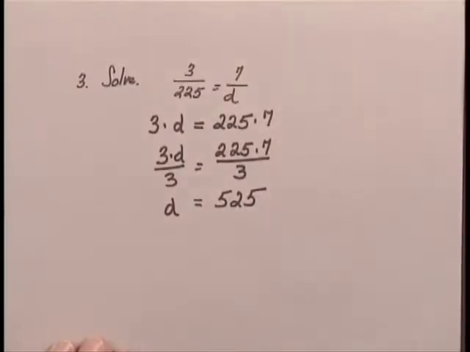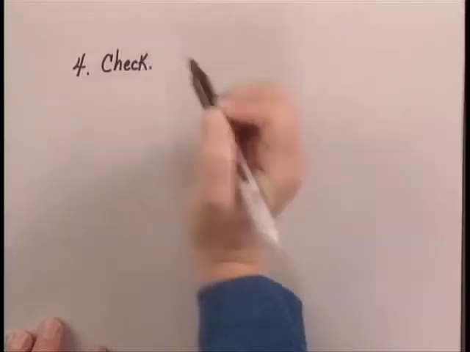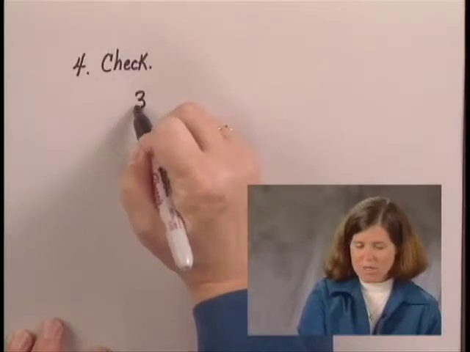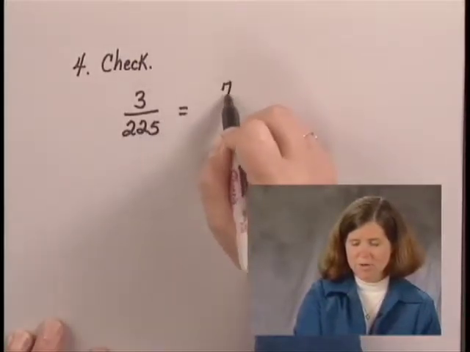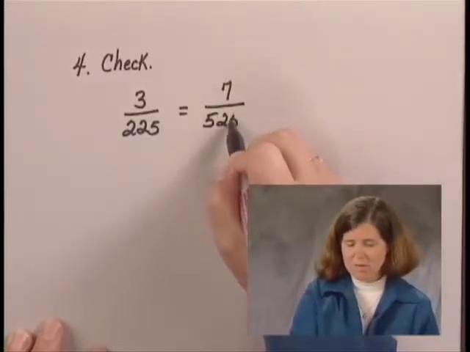So we have a possible answer, and we do need to check it in the original equation. That is step 4. The proportion that we had said that 3 over 225 should equal 7 over D, and we said that D was 525.